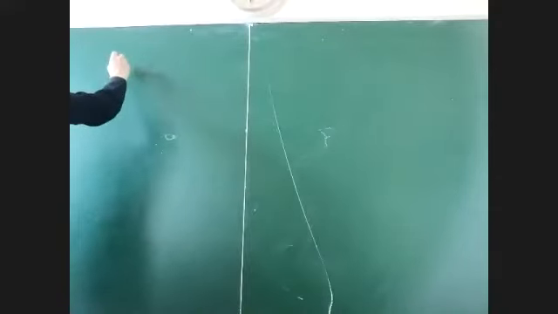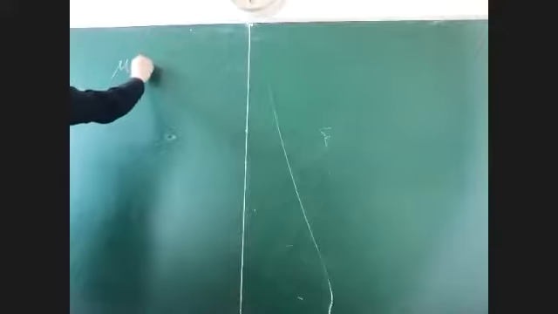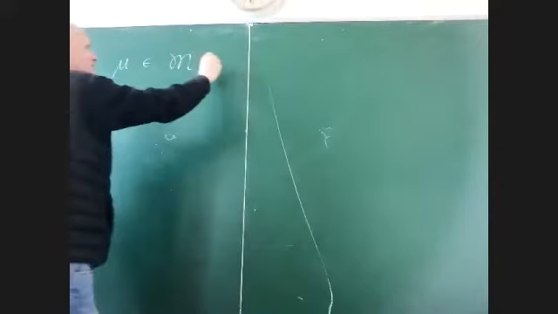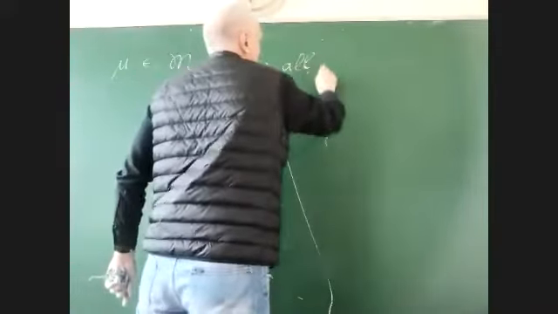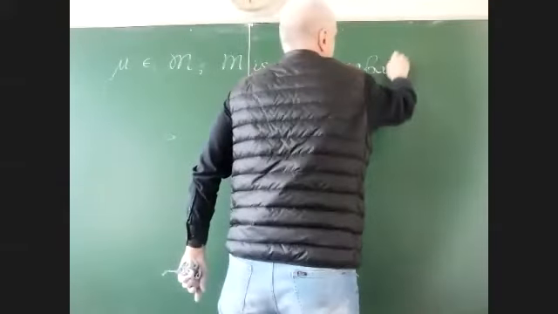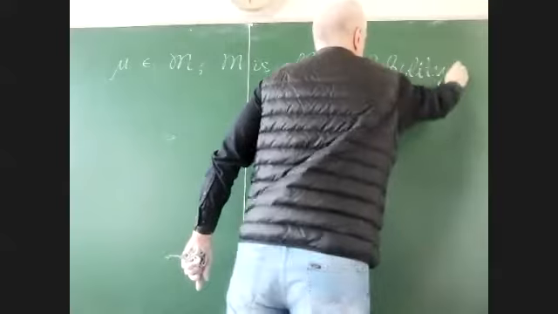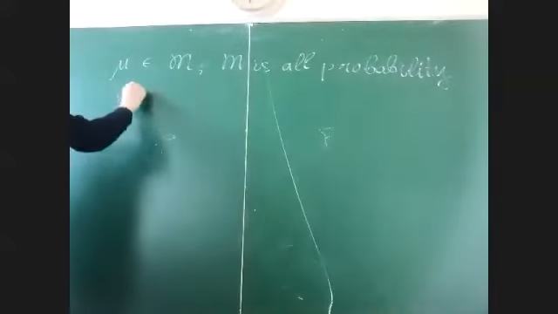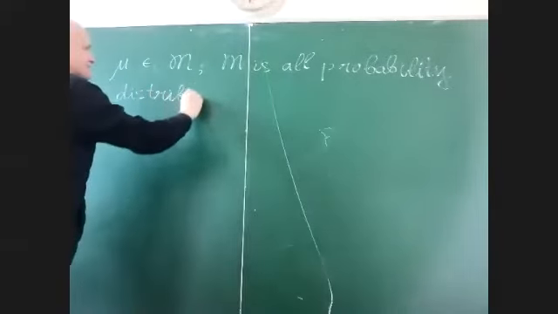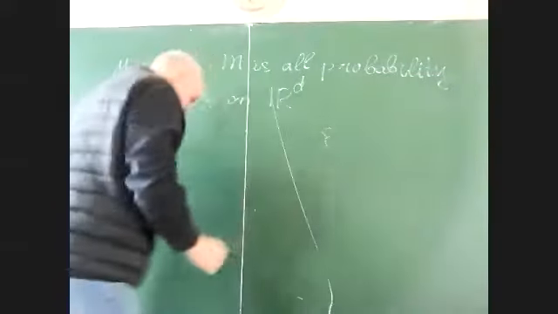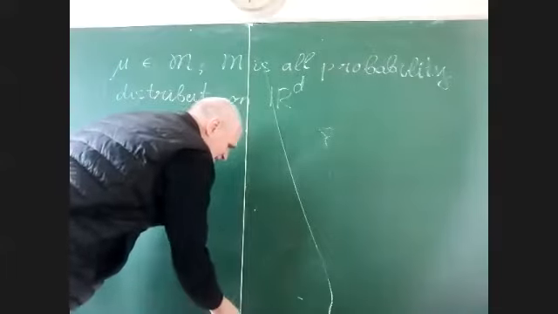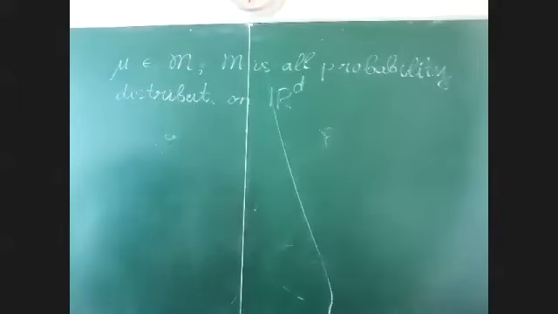So, without any restrictions, I will suppose further that mu belongs to the set of n, where n is all probability distributions on R. When I'm saying R or RT, of course I suppose that we consider the Borel sigma algebra.